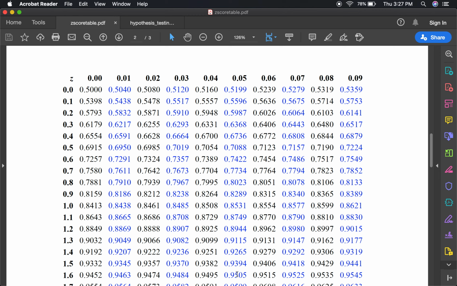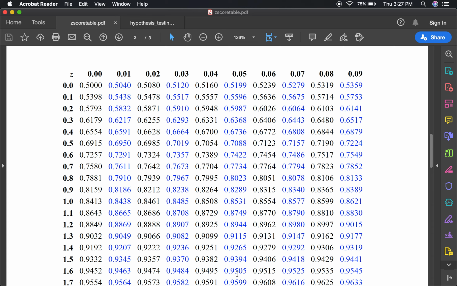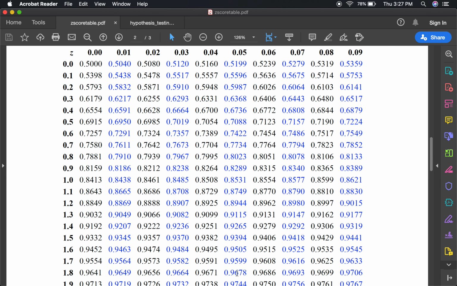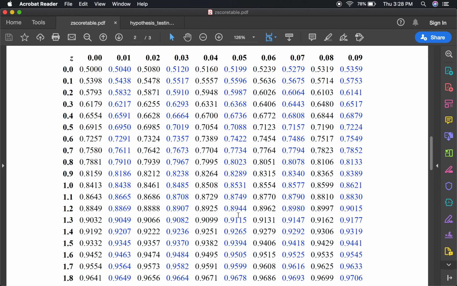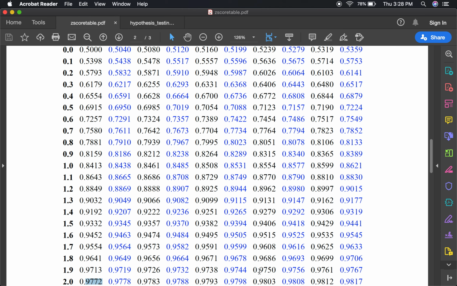90% of the time, I don't. That's the justification for the 90% confidence interval. What about 95? I use 1.96, row 1.9, column 0.06, and you can see this 0.975. 2.5% of the time, I'll get a z-score larger than 1.96.